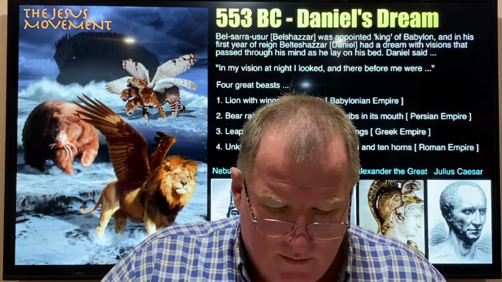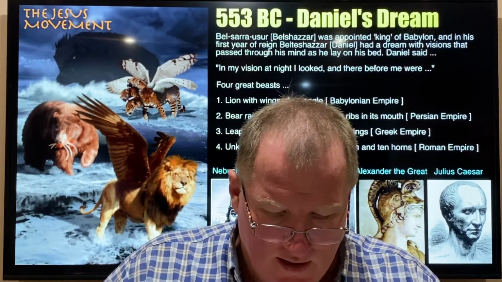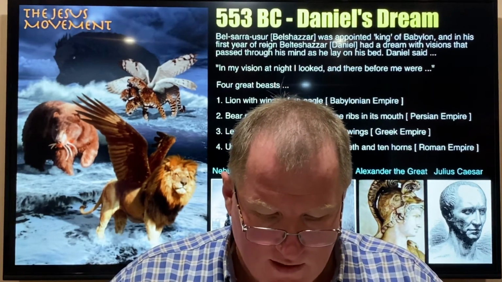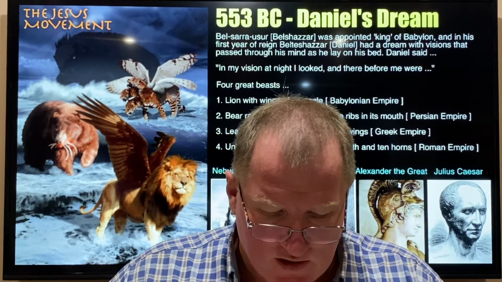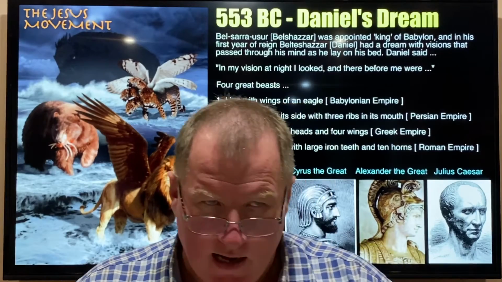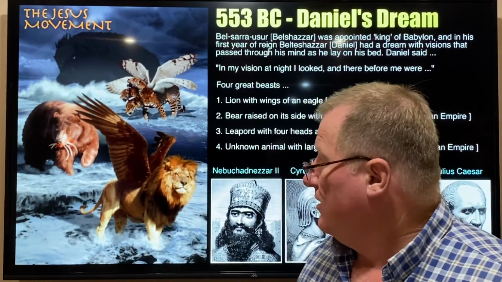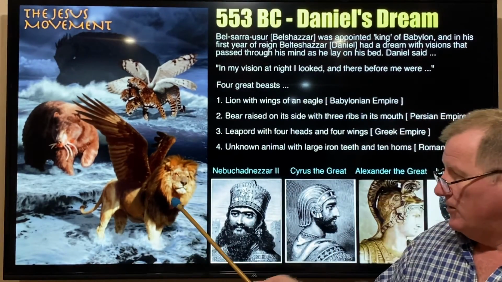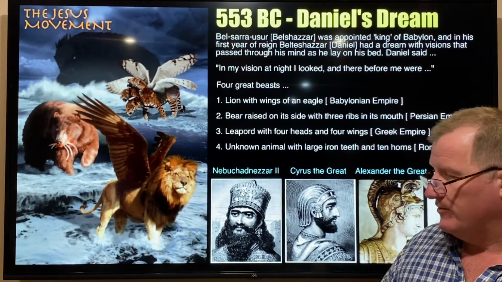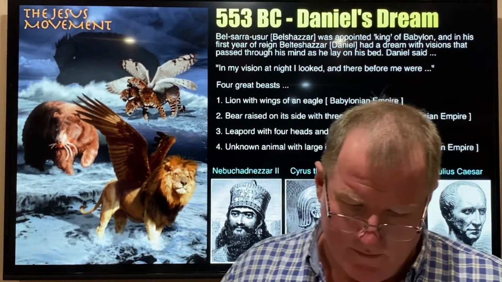Daniel described the four beasts. He said the first was like a lion with wings of an eagle, whose wings were torn off. It was lifted from the ground to stand on two feet and given the heart of a man. And so we have this illustration of the lion with the wings that he describes. So that's the first beast that's described.